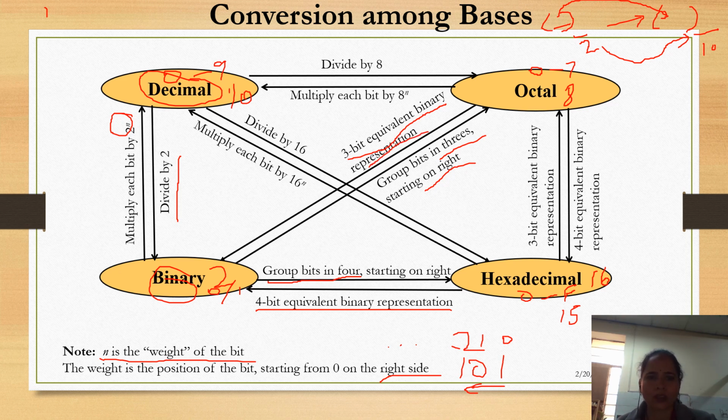For decimal to octal, we divide the number by 8 to get the octal number.